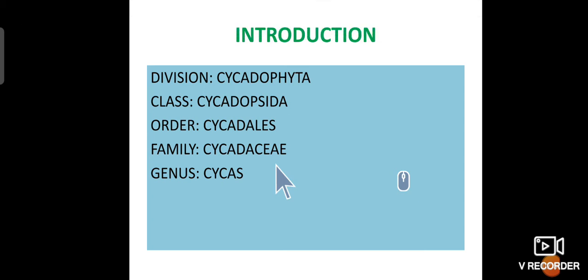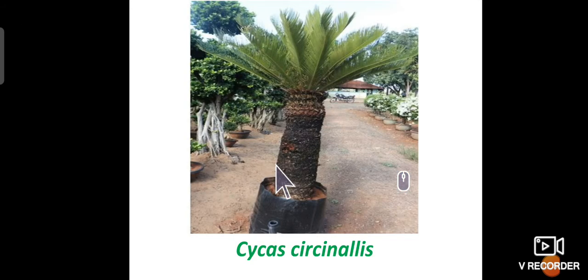Now, the first one that you see in this picture is Cycas circinalis. This plant is also known as Crozier cycas. The plants grow in wild forests, in forests of the Western Ghats of South India, and also in the hills of Orissa.